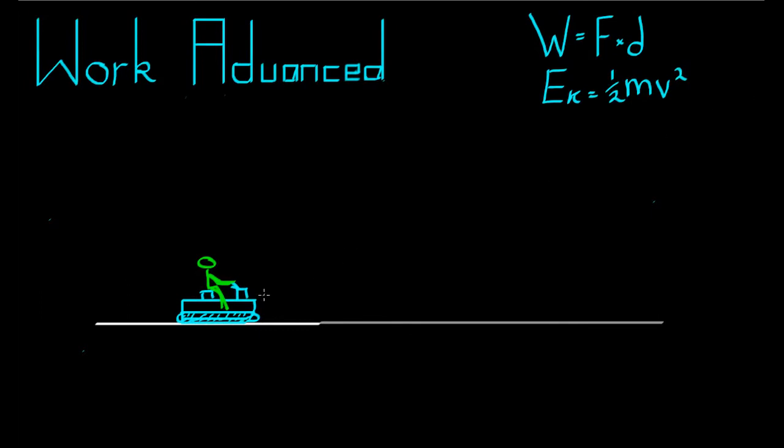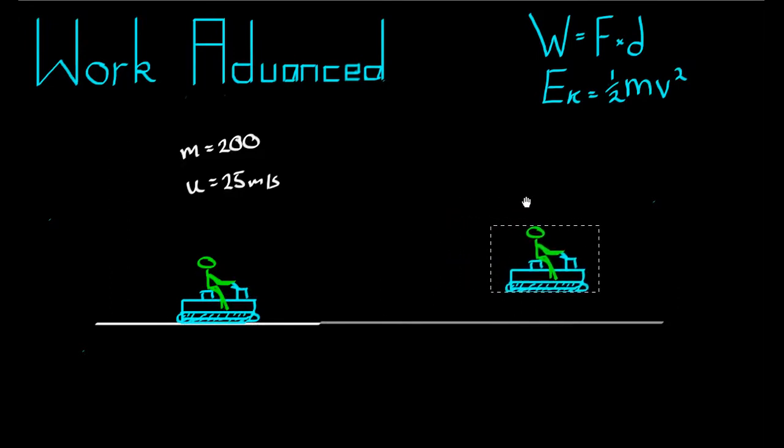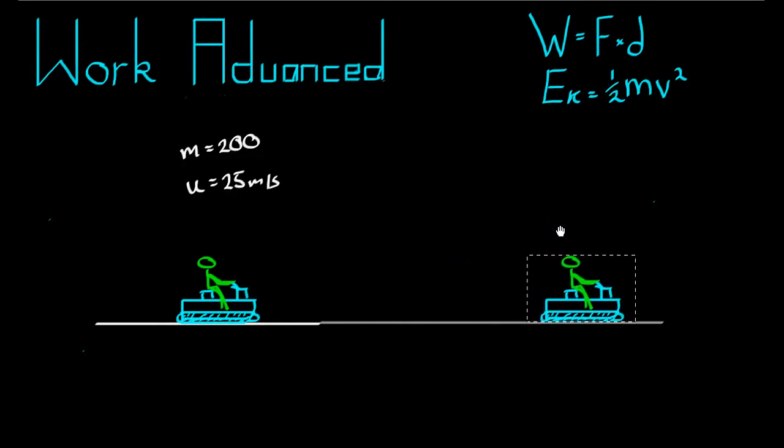So at this moment in time here, the snowmobile has initial velocity 25 meters per second and a mass of 200 kilograms, and that mass will not change. But as the snowmobile and the person encounter this rough snow, they slow down considerably to a final velocity of 5 meters per second.